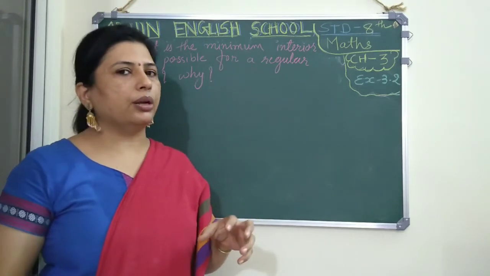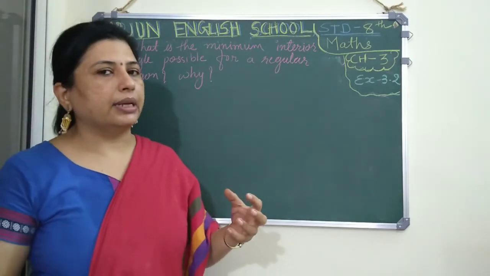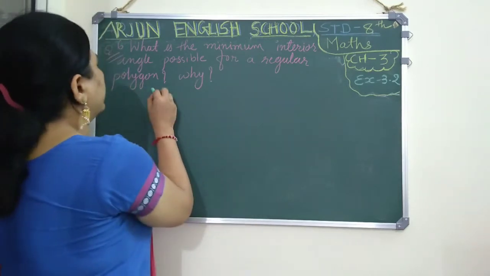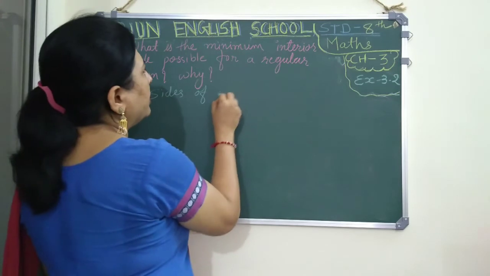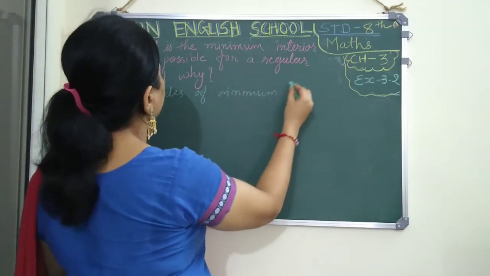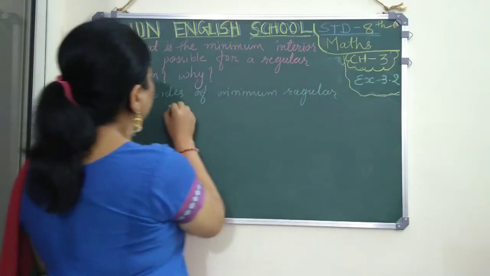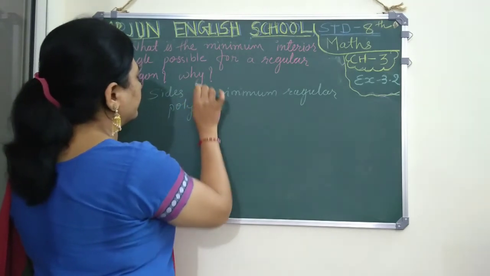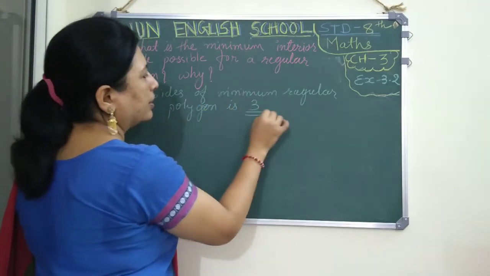That means the regular polygon having minimum sides is a triangle, and that means the sides of minimum regular polygon is three.